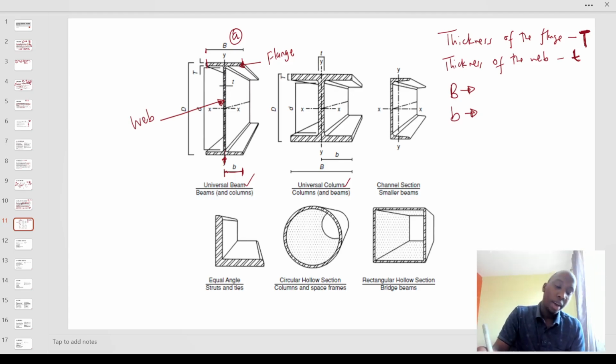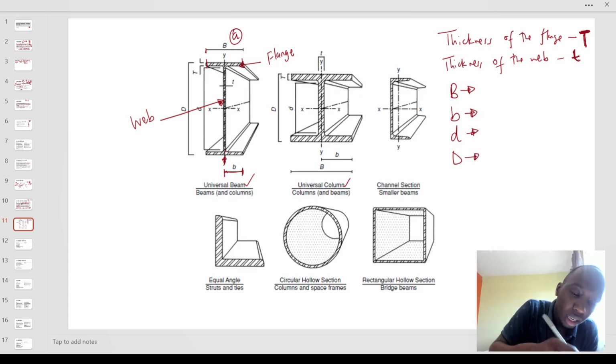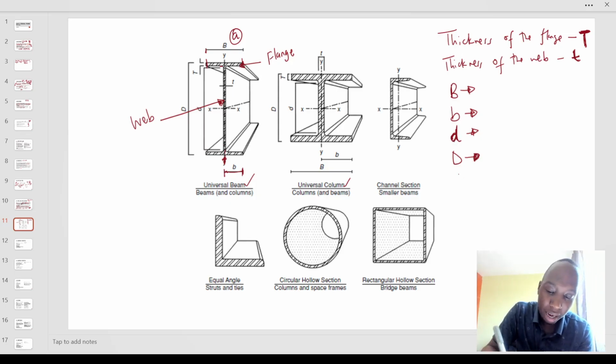Then we have D. D is the total depth, while the length of the web is small d. We will also have L, which would be the span.